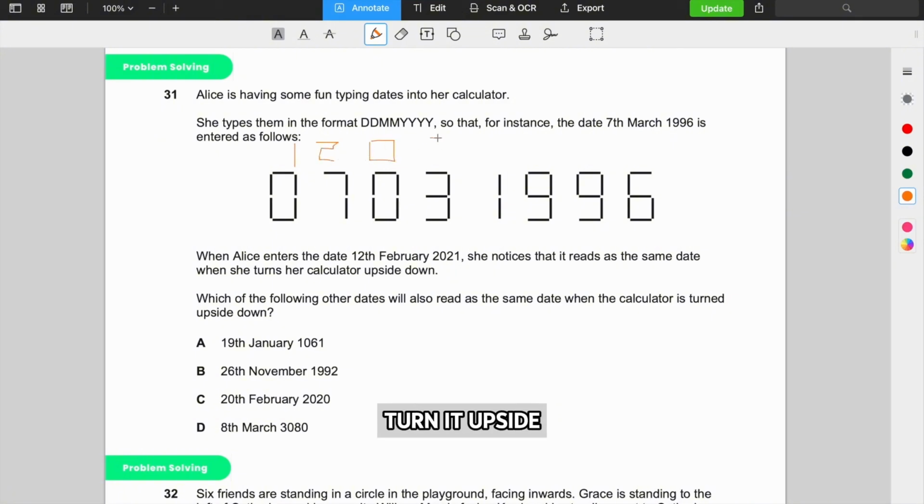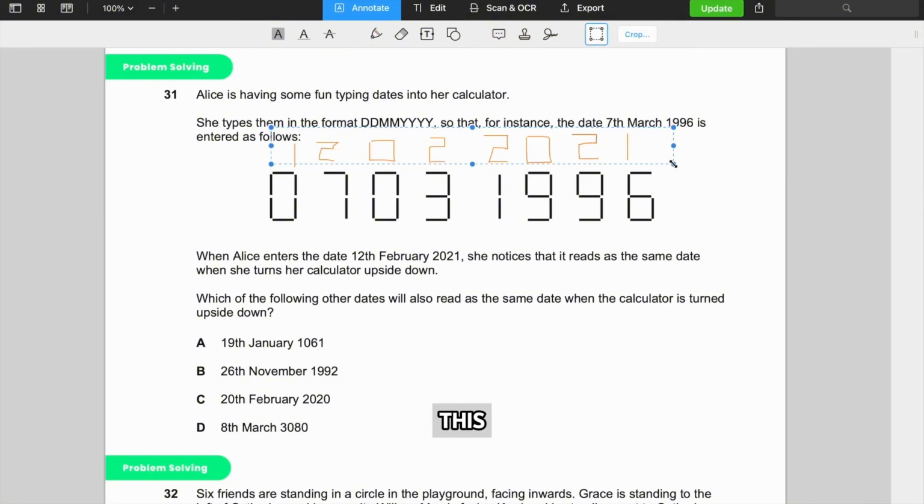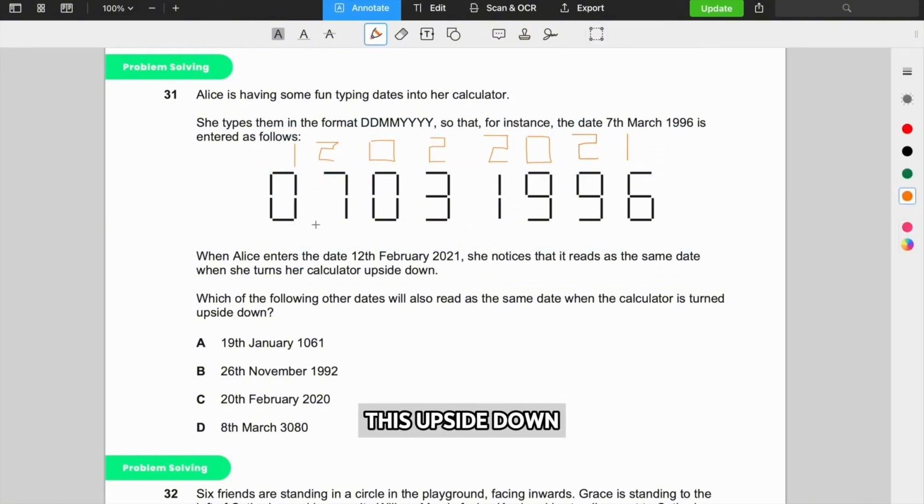And then if you were to turn it upside down, okay, so try to basically reflect this. So if you were to reflect this upside down, I'm just going to use a different color, you'll get 1, and then the 2 reflects upside down will look the same.